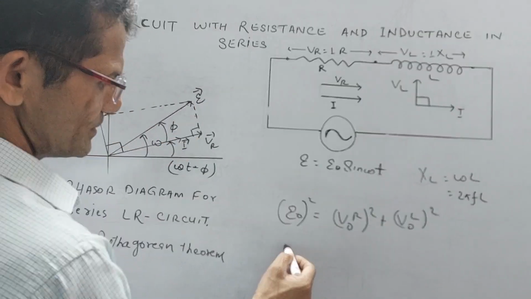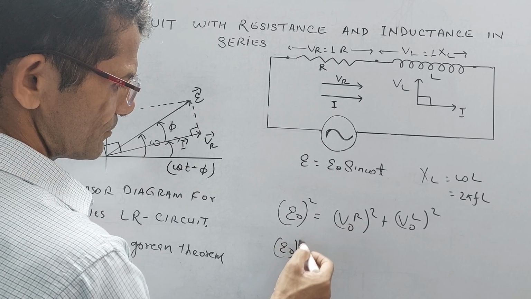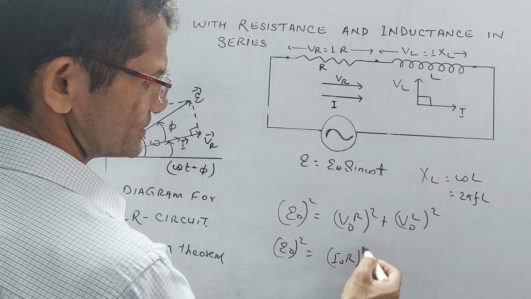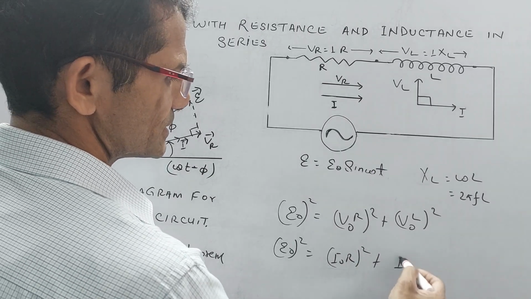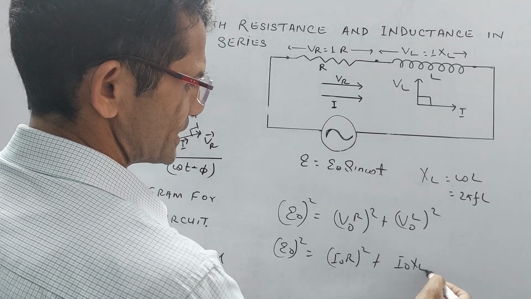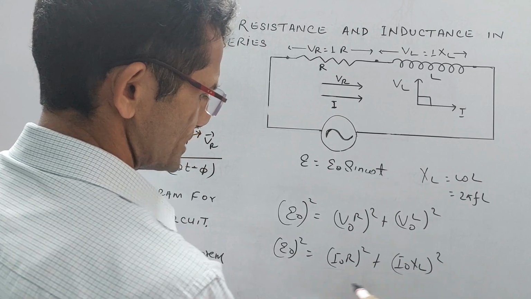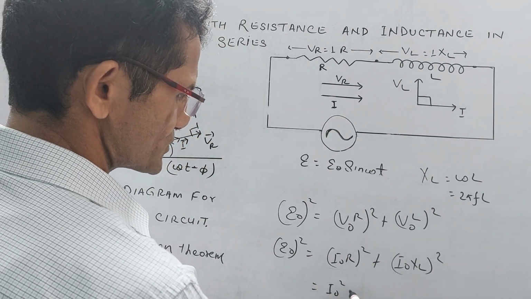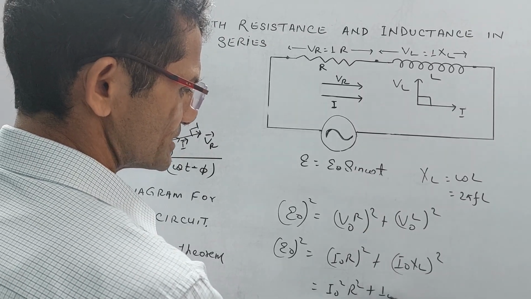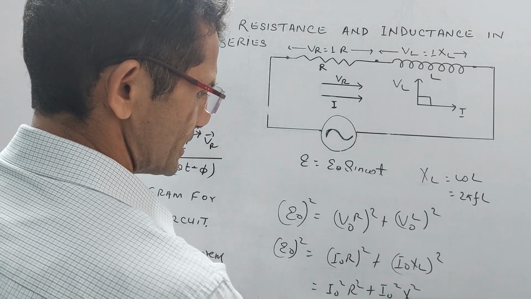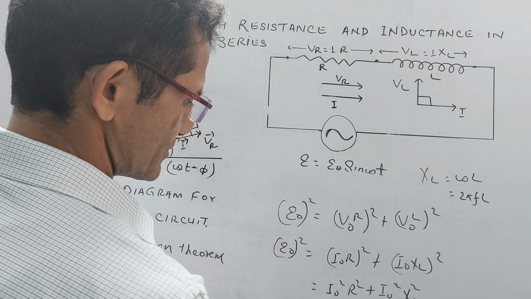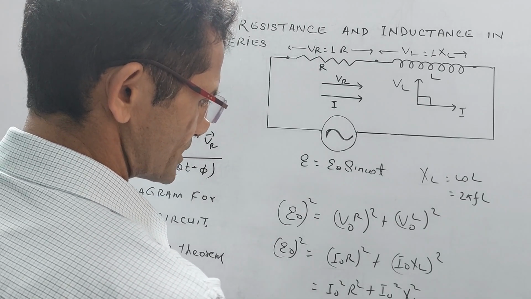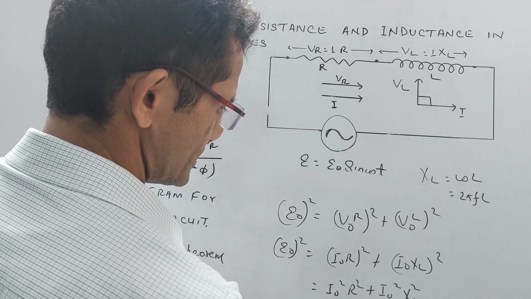We already know that E naught whole square is I naught into R whole square plus I naught into XL whole square. After taking I naught square out, I would have the value R square plus XL square.